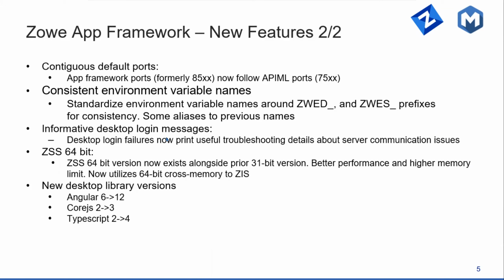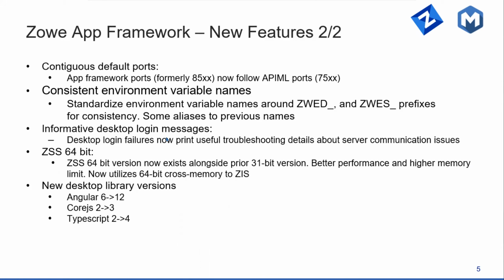So which one you use depends on if your plugins support one or the other. But ZSS 64-bit does bring some improvements, such as better performance and higher memory limit, and the way in which it contacts ZIS uses a 64-bit interface, which is improved.